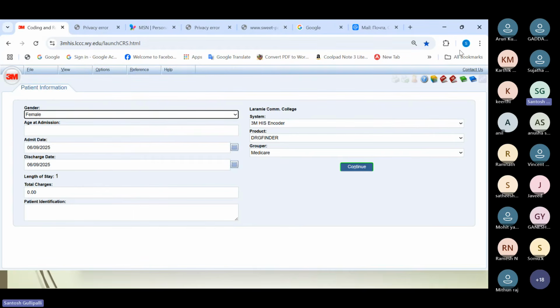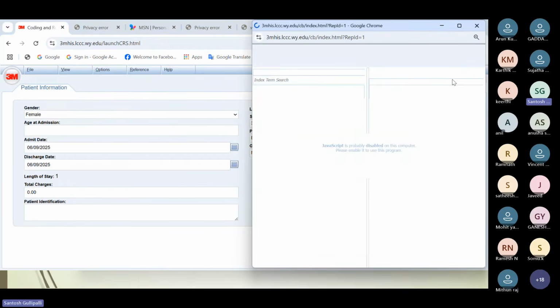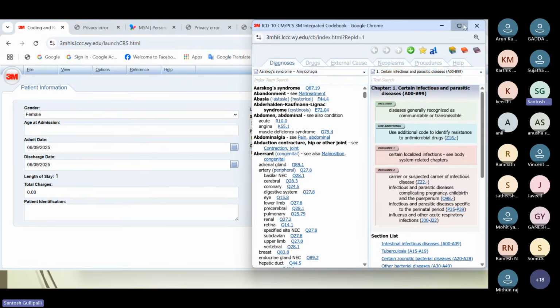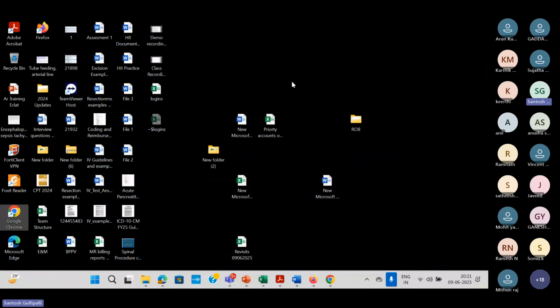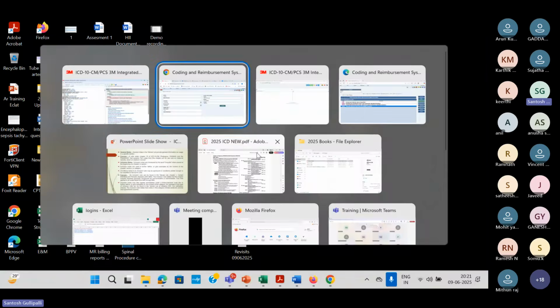For example, we will search the iron deficiency anemia code. Okay, iron deficiency anemia.